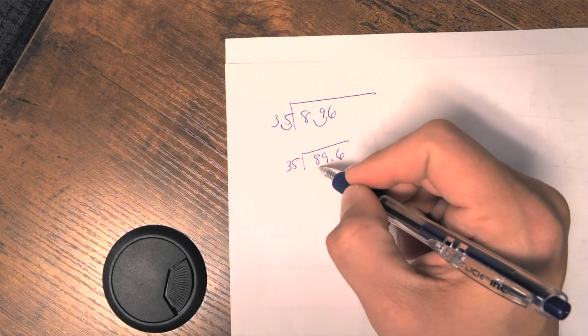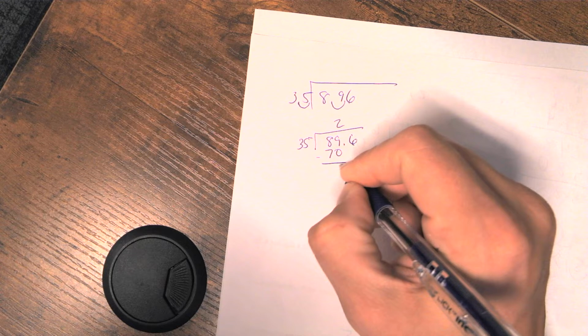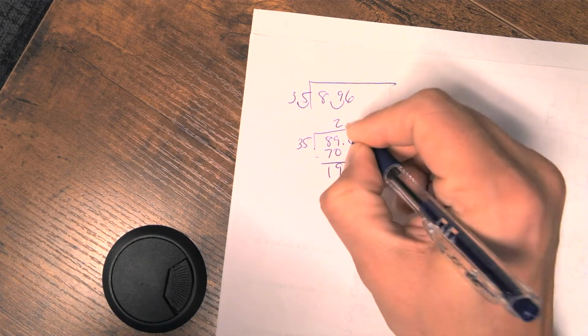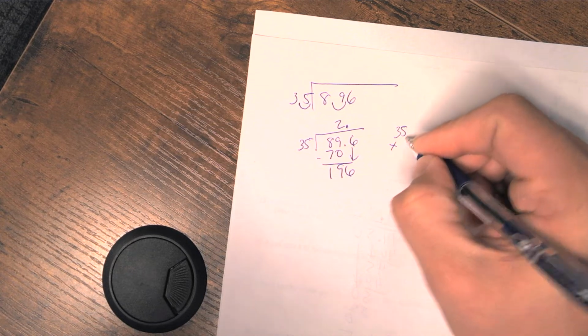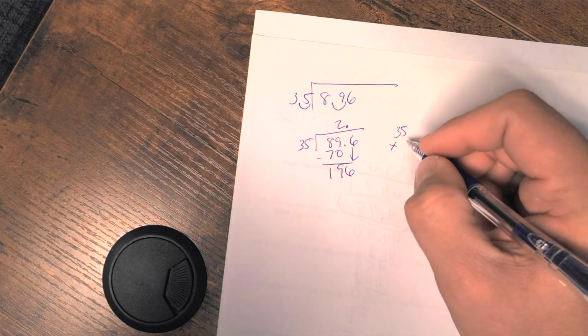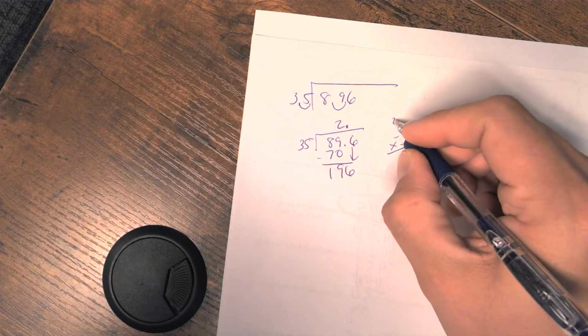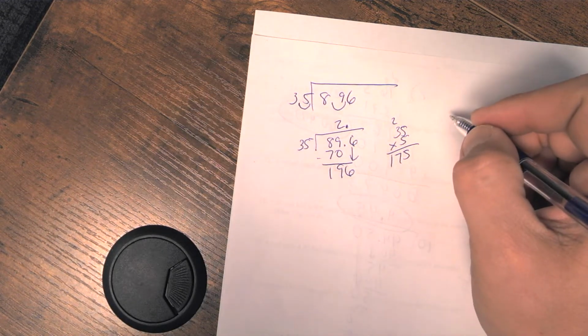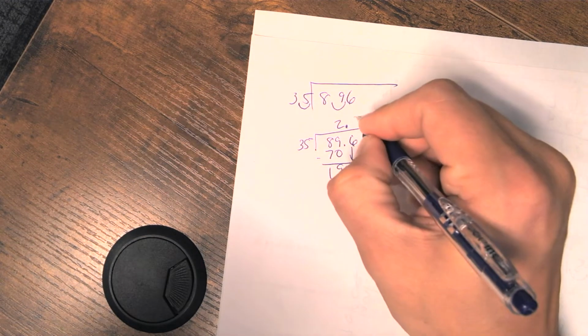35 doesn't go in 8, but it goes into 89 2 times. So that's 70. We get 19. We drop the 6. 35 goes into 196. I'm going to say 5 times. 175. Okay, so that's the closest we're going to be able to get. So there's 5.